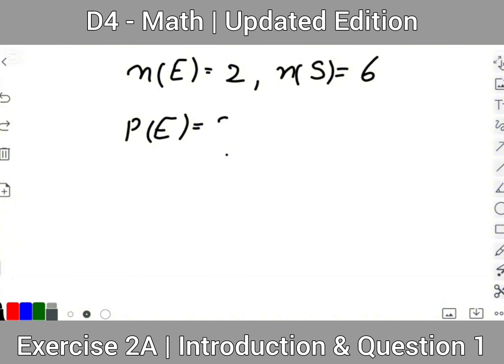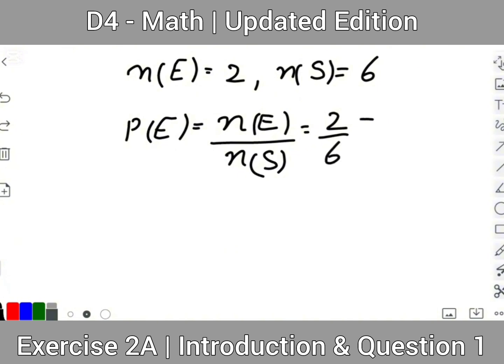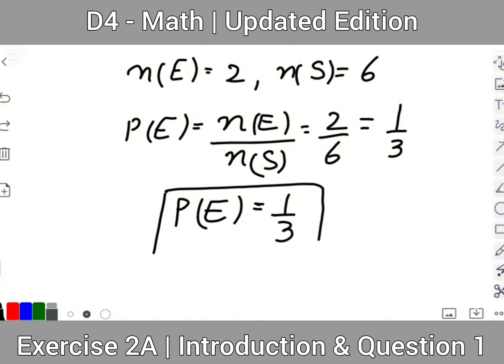The formula was N of E over N of S, and this will be equal to 2 over 6, and this gives us 1 over 3. So P of E, the probability of the event, is equal to 1 over 3. So the probability of the event of being a multiple of 3 is 1 over 3.